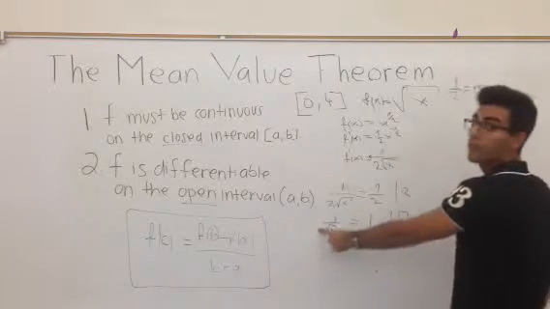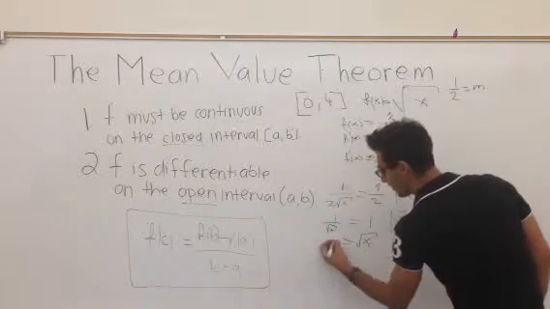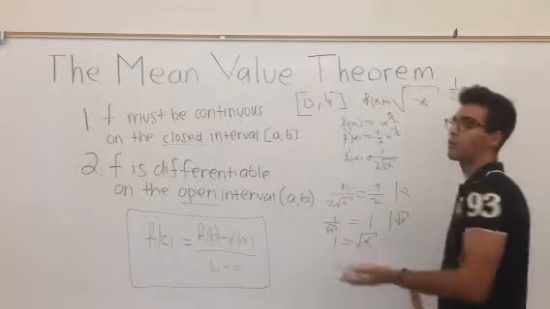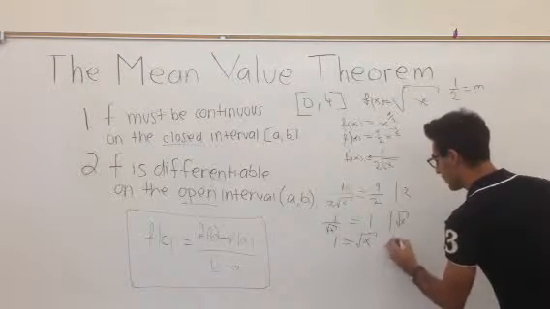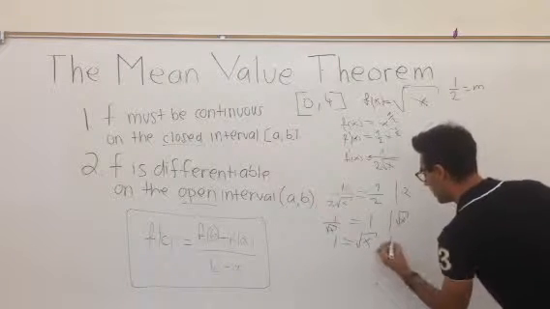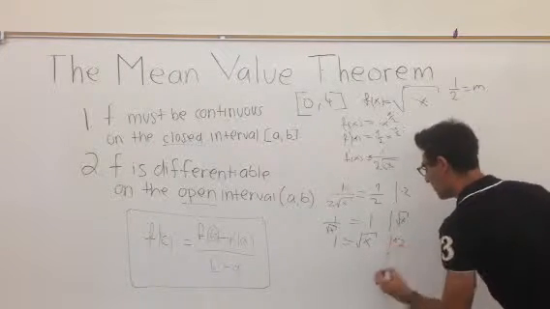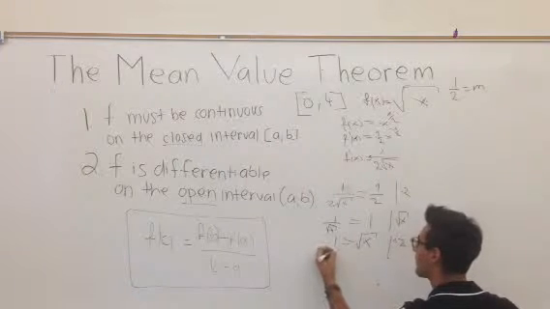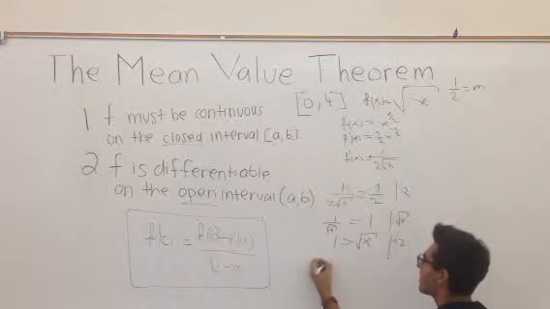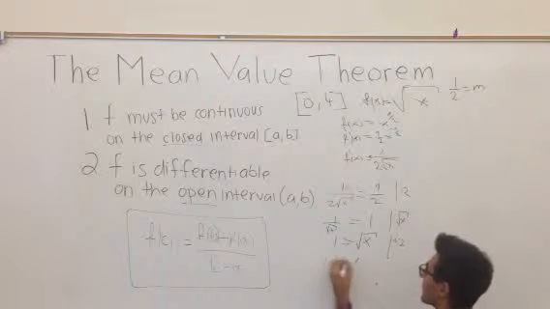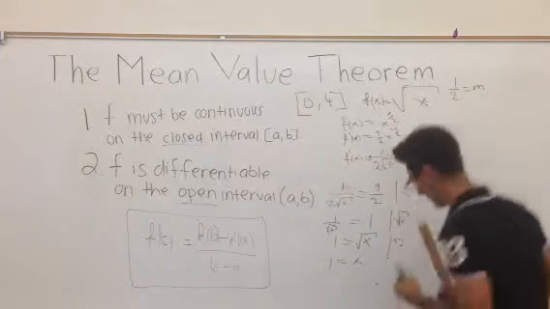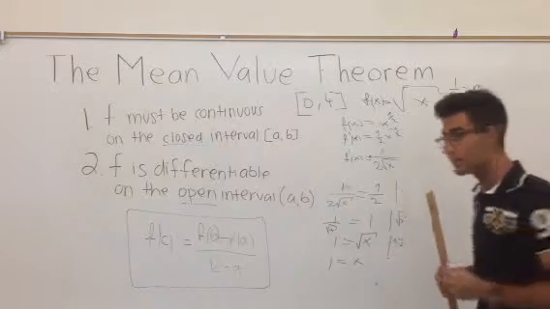On this side, our square root of x is cancelled out. We're left with 1. But since our x is in the square root, we have to square it. This is the sign for squaring it. And we write 1 squared is going to be 1 equals x. There you go.